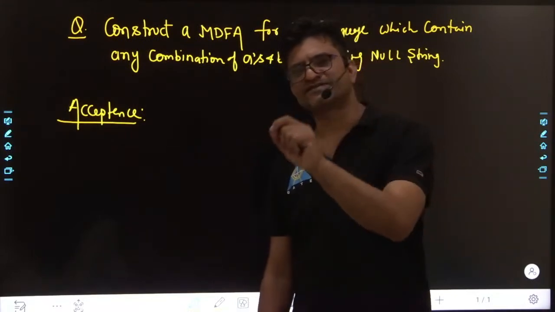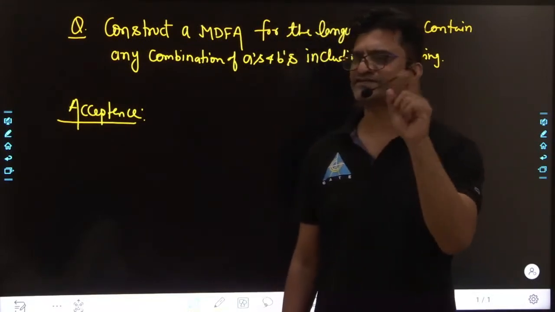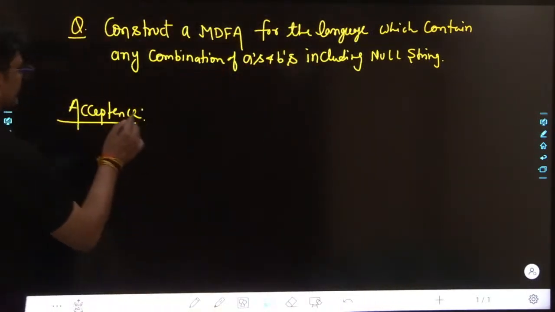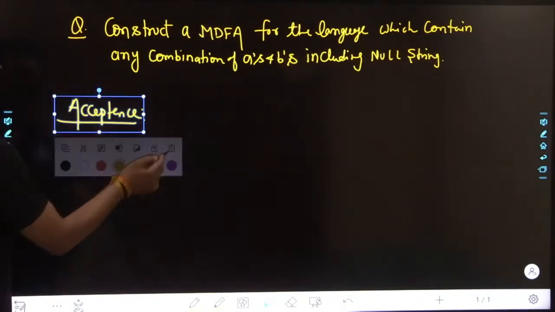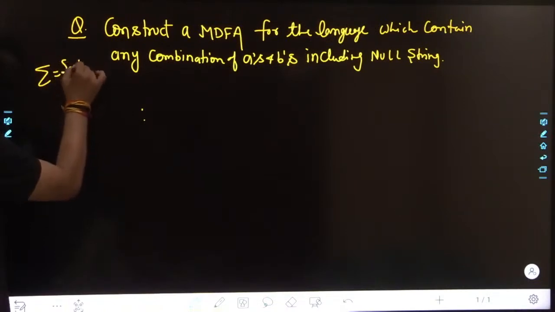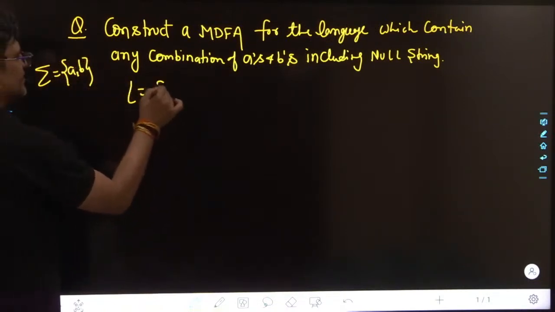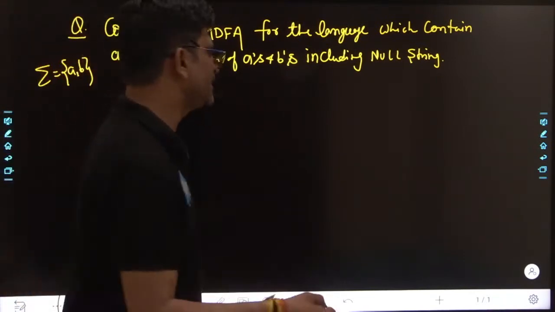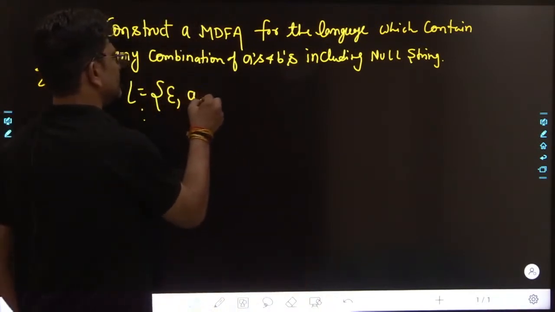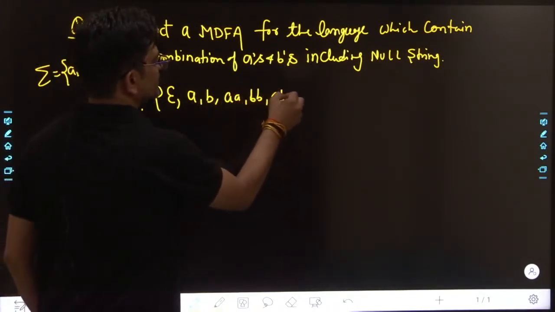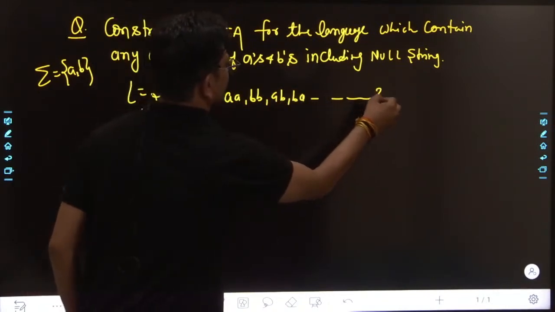Otherwise it is rejected. Clear, my dear friends? So first you write the language for the given question. In the given question, what is the input alphabet? A, B. So the language contains epsilon, any combination of A's and B's, including epsilon, single A, single B, double A, double B, AB, BA, any combination of A and B.